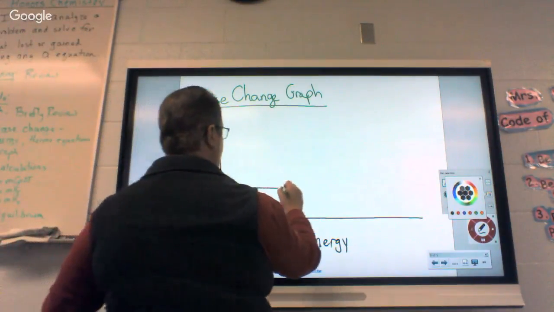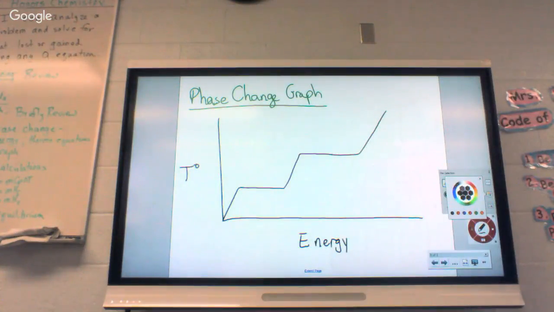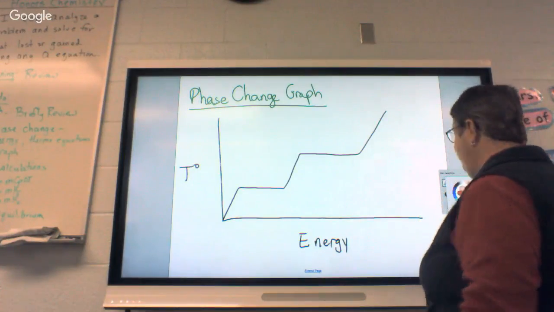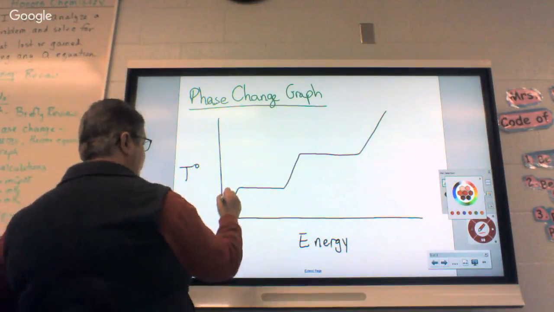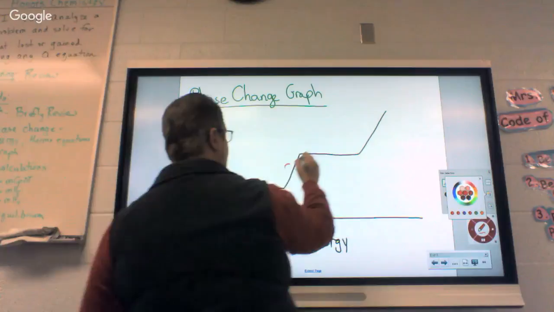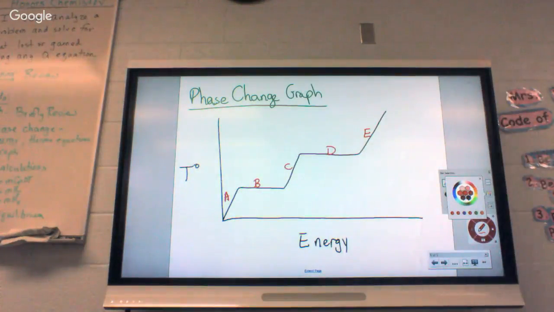Don't draw it really tiny, because I'm going to put labels on all 5 spots. I'm going to label them A, B, C, D, E, so that I can label what the spots are and refer to them.